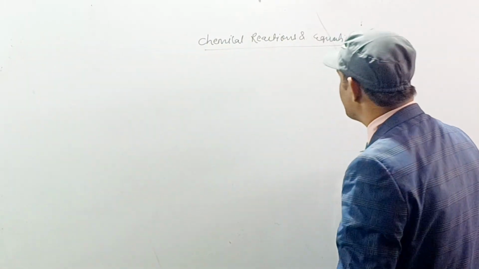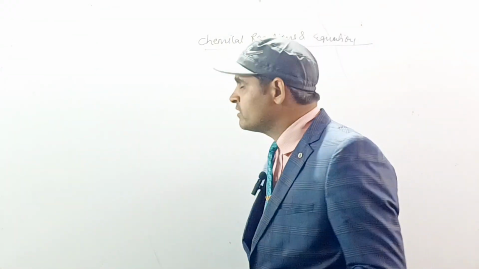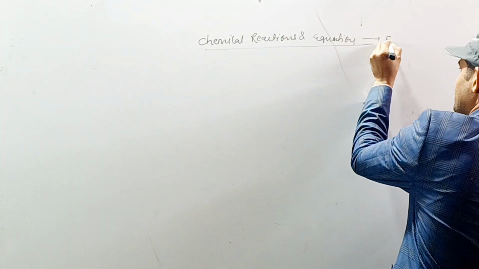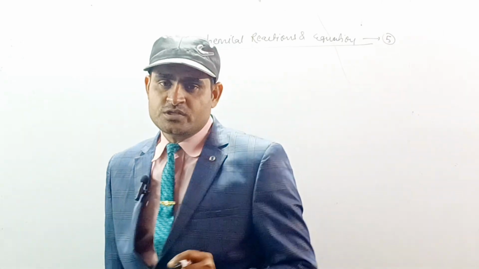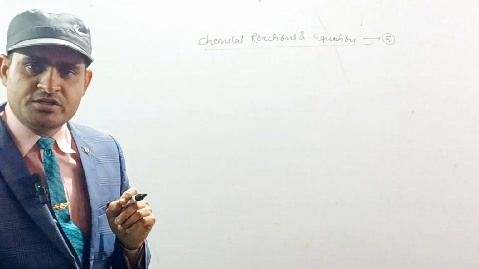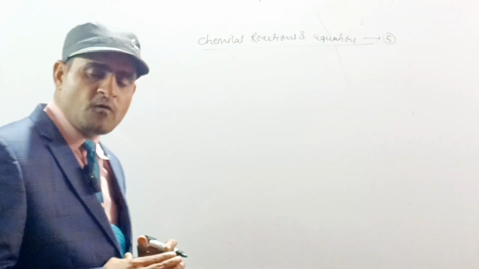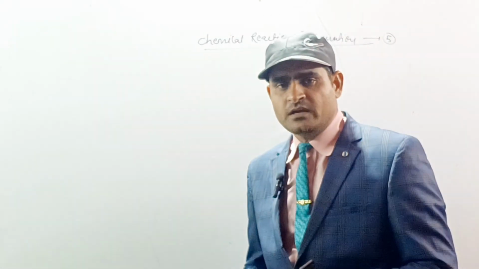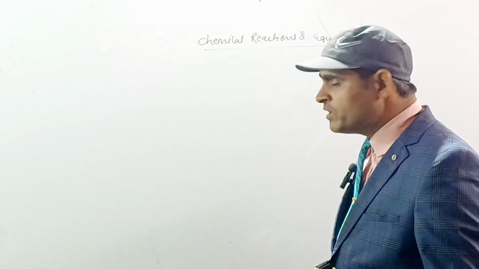What is a chemical reaction and what is a chemical equation? This part carries 5 marks. This is a very important chapter. If you clear the fundamentals through this part, then the second and third chapters will be easy for you.